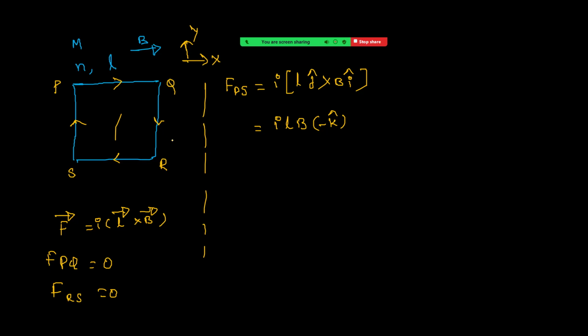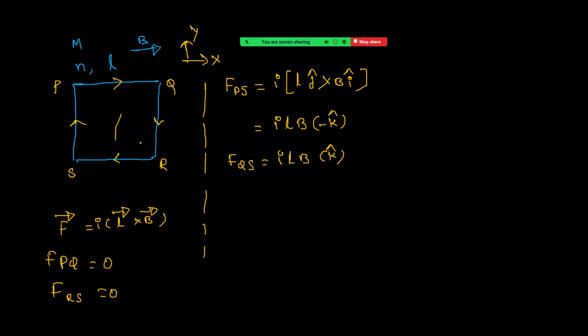Right. And you can guess on QR. On QR, value same I L B, but the force will be K cap. Reason is that direction of current is opposite. Means this is now minus J cap. Then we get here it is K cap. So on QR, force will be upwards, means towards us. Because of that force, this loop will rotate about PS.